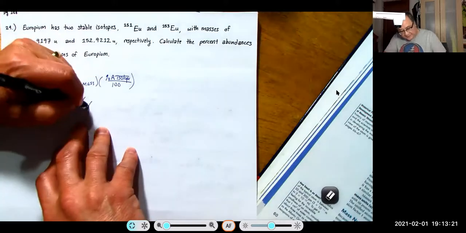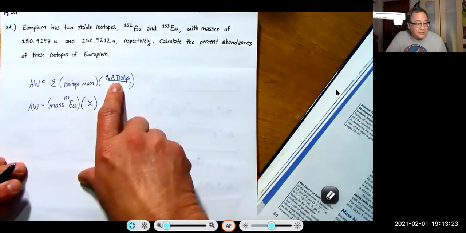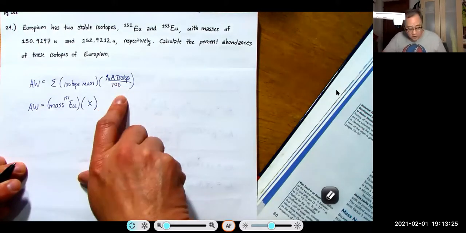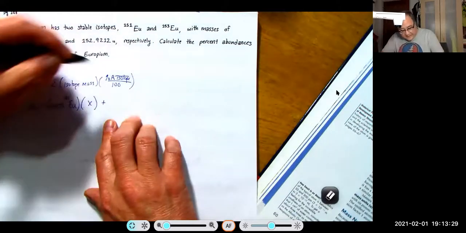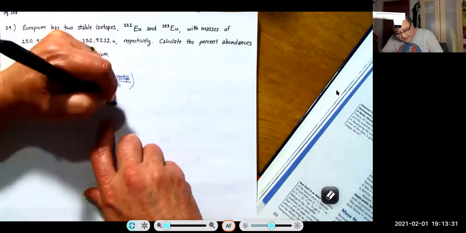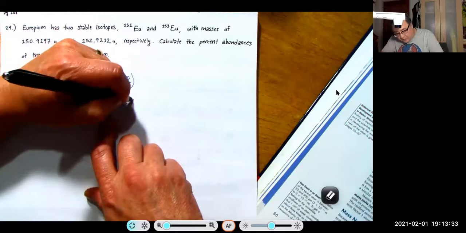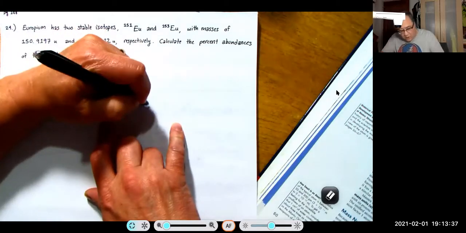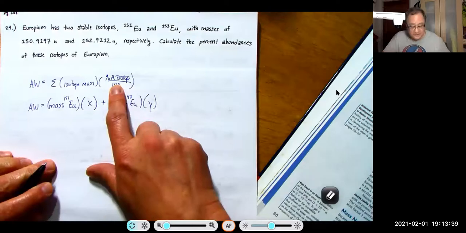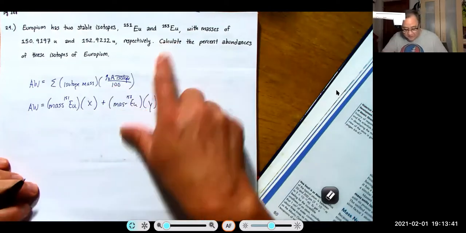times X, where X is equal to the percent abundance of the isotope over 100, and times the mass of europium 153 times Y, where Y is the percent abundance of this isotope divided by 100.